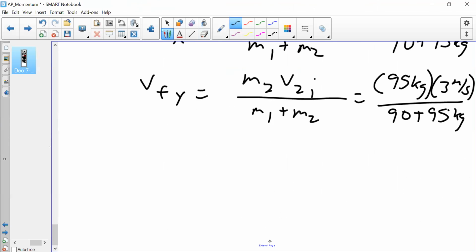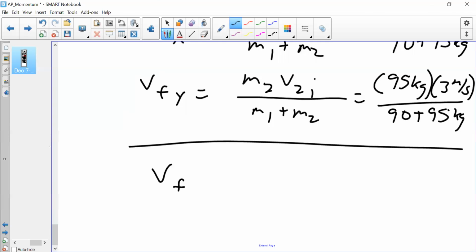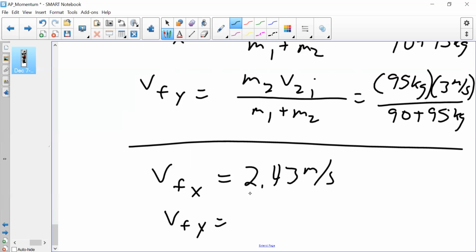And that's it, now in Pythagorean. That's going to be 2.43 meters per second along the X direction. That's their component. VFY is going to be 1.54 meters per second when I evaluate that.